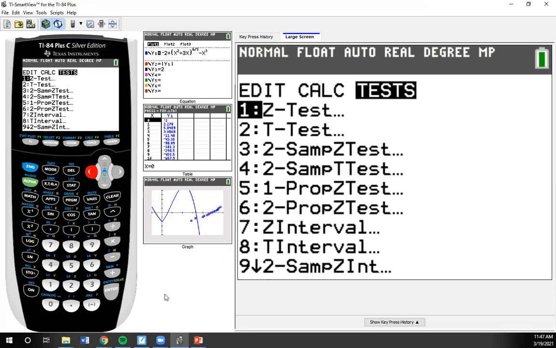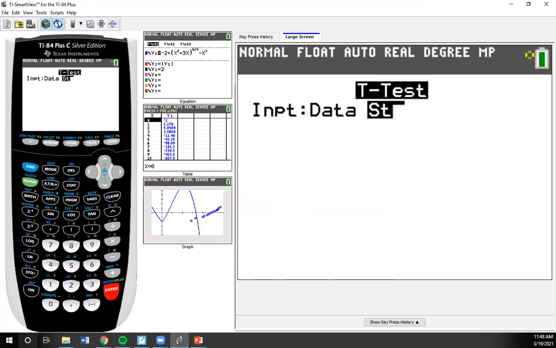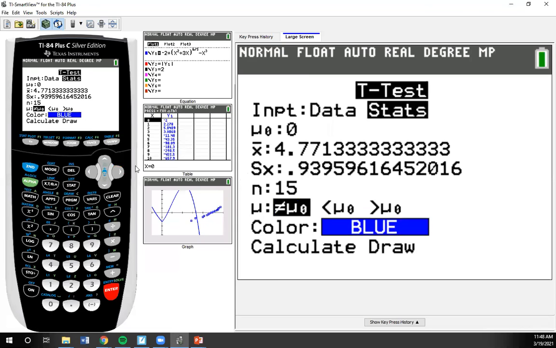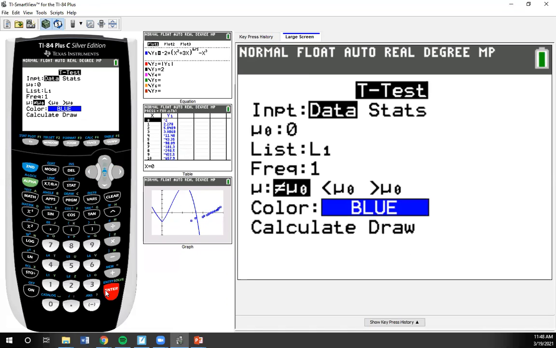Under stat tests, we are going to use a t-test here. So one sample t-test. And it's going to ask, do you have some stats to give me, or do you have some data that's in list 1 that I can use? Well, I have some data that's in list 1 that you can use, calculator.